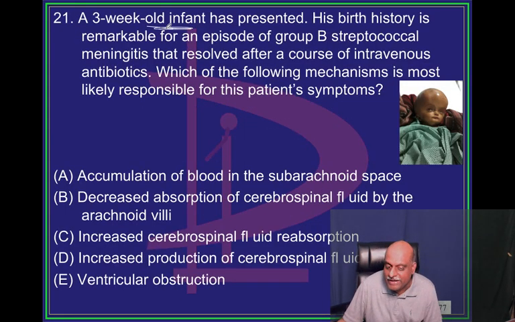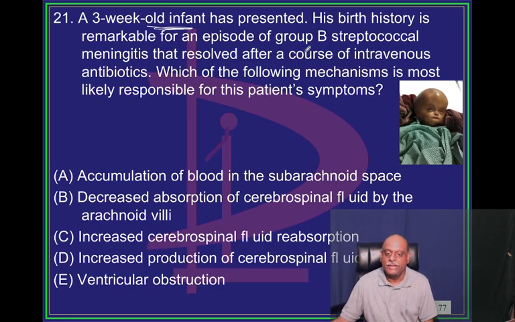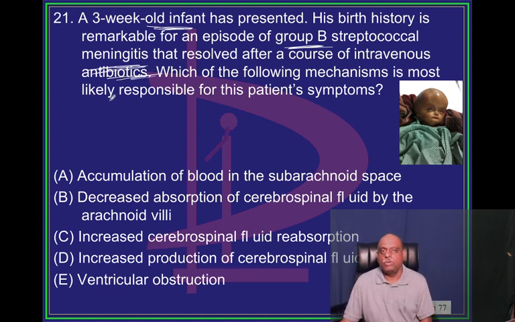So doctor, a 3-week-old infant has presented with hydrocephalus. There's an episode of Group B streptococcal meningitis. You have given intravenous antibiotics. What is the mechanism that meningitis leads to development of hydrocephalus?